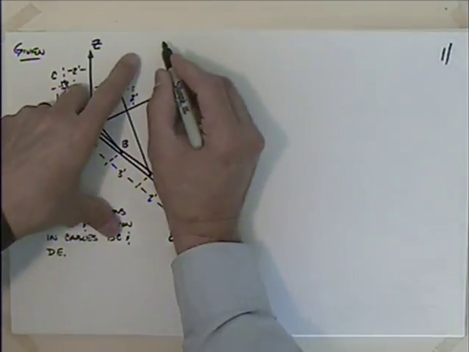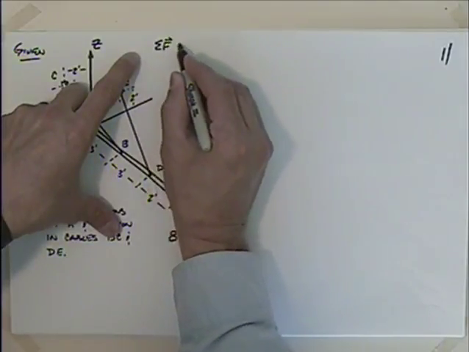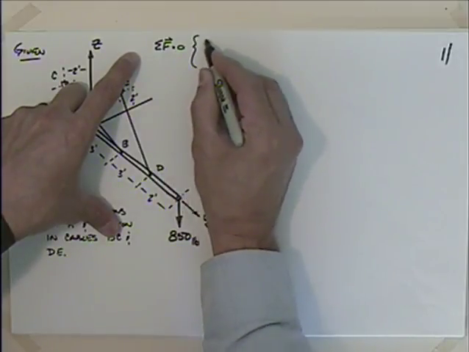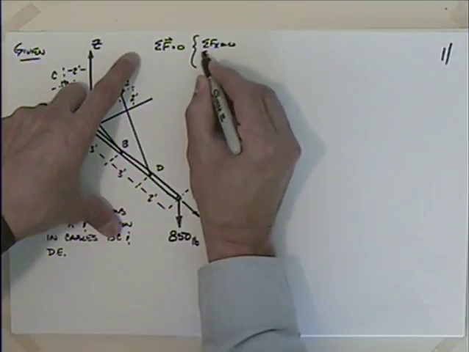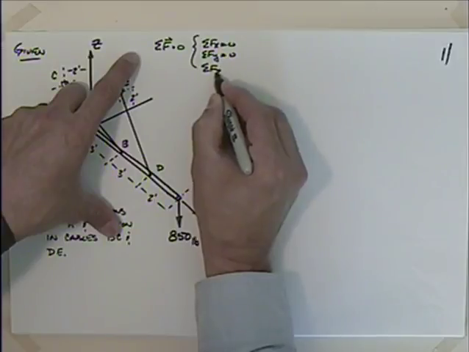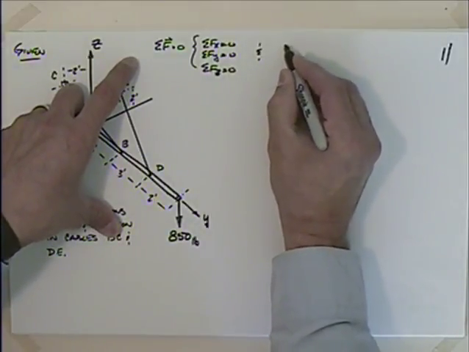And I've talked about this before, but remember, if we look at the sum of the forces and set that equal to 0, that would give us the sum of the forces in the x is equal to 0, the sum of the forces in the y is equal to 0, and the sum of the forces in the z is equal to 0. And we then have similar equations for the moment.